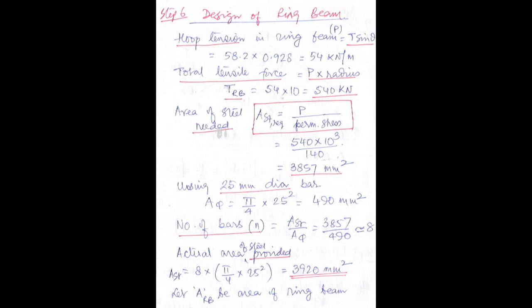We have to convert it into Newton, that is multiply it by 10 cube Newton, and then divide by the permissible stress, which is 140 Newton per mm square. So that gives us 3857 millimeter square. So the area is huge. So here you assume that you provide a 25 millimeter diameter bar.